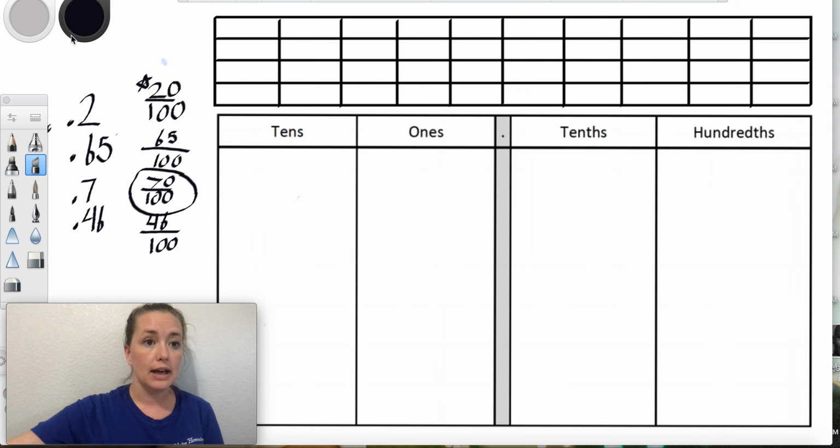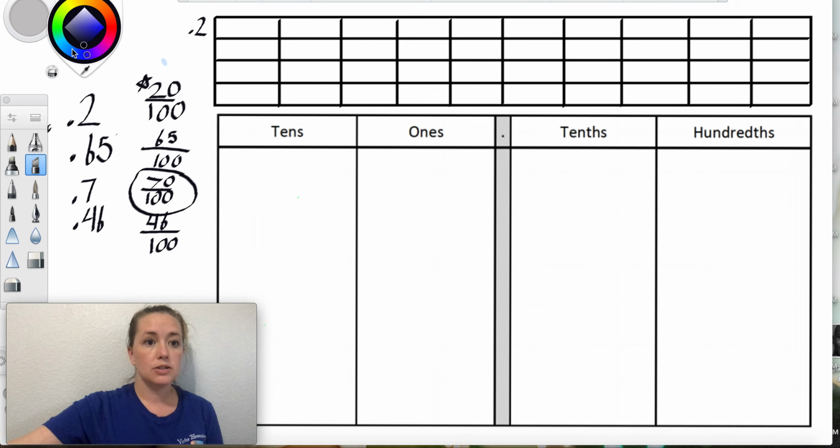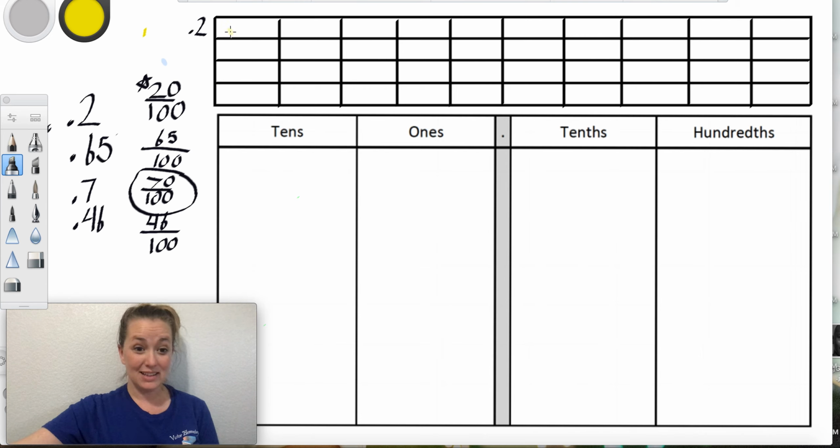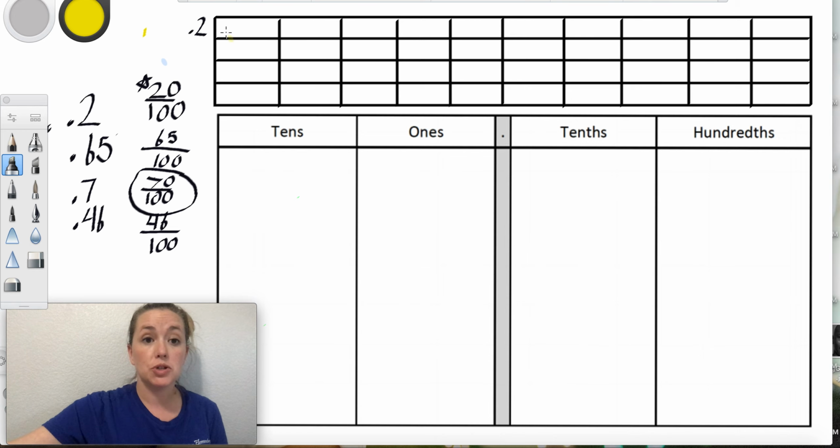So let's go ahead and show what 2/10 looks like. Okay, let's do yellow. All right, how many tenths should I shade in if I have 2/10? I'll do 2. So shade in 2/10.